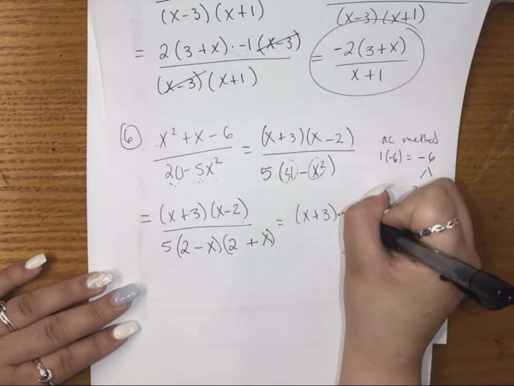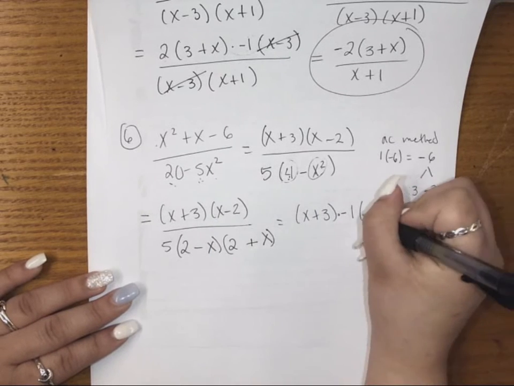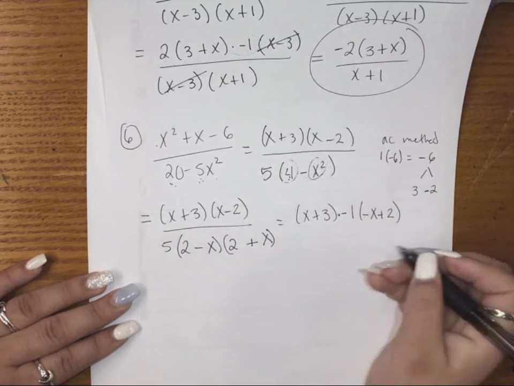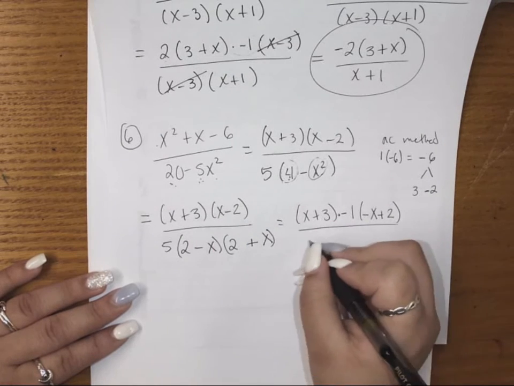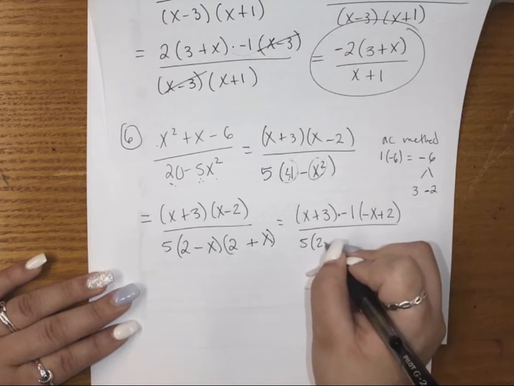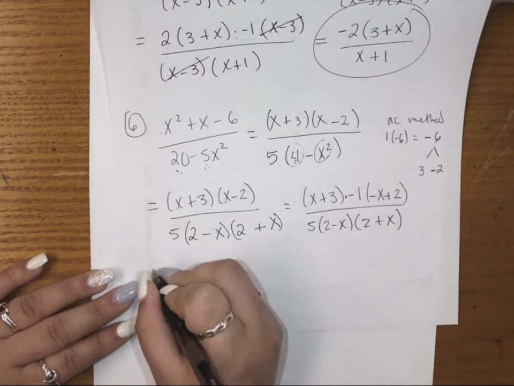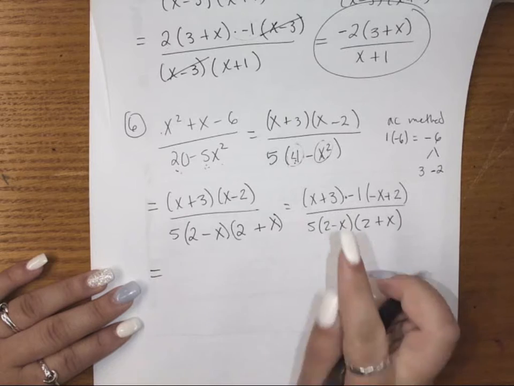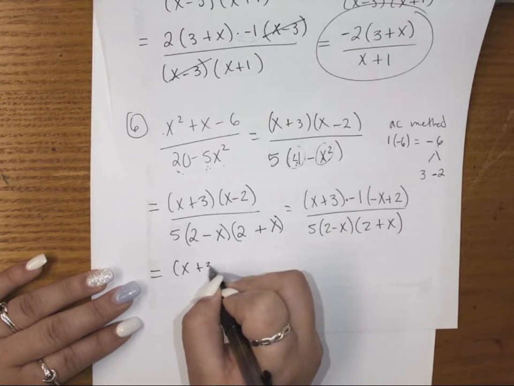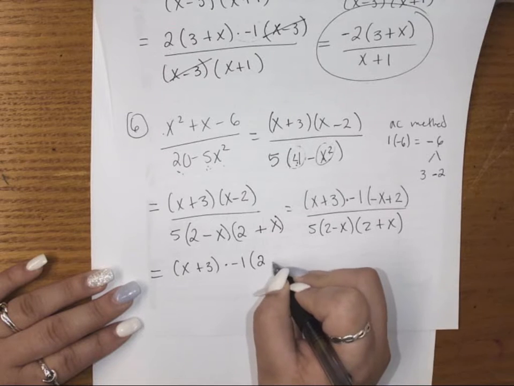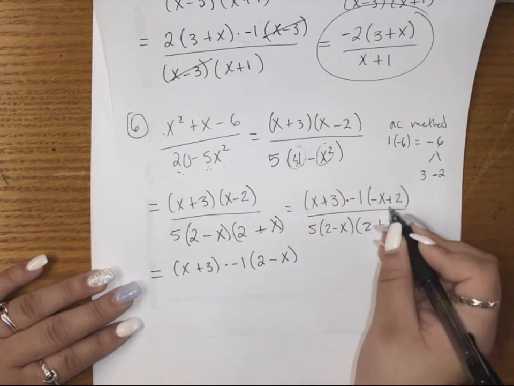If I factor out a negative 1, it's going to change all of the signs of the x and negative 2. So I'm going to factor out negative 1 to be able to match it with my bottom group. Now you can rewrite it as x plus 3 times negative 1 times 2 minus x.